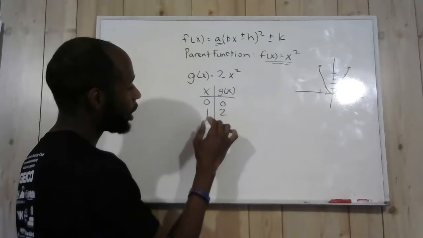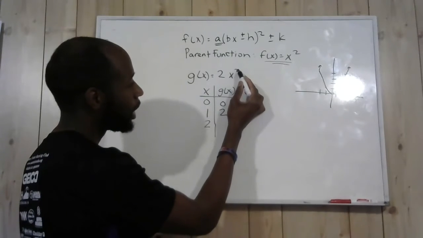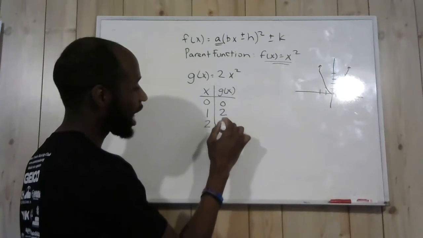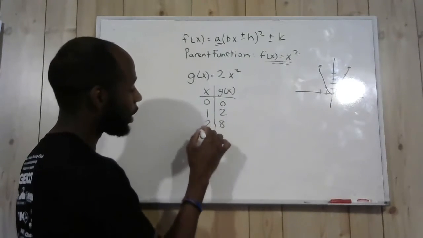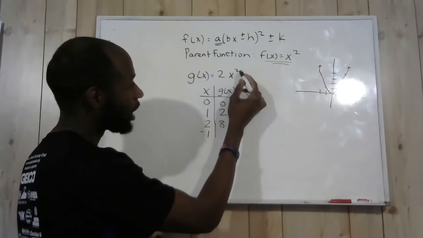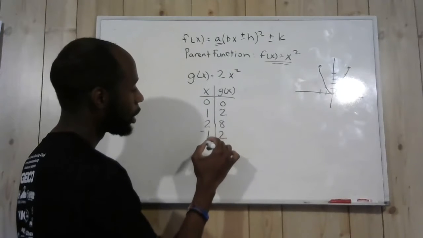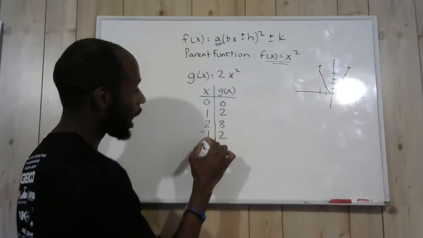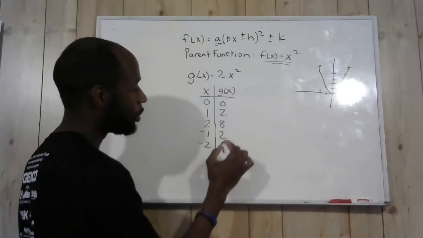When x is 2, 2 squared is 4, and 4 times 2 is 8, so g of x is 8. Now let's go back in a negative direction. When x is negative 1, squared is 1, times 2 is 2. When x is negative 2, squared is 4, times 2 is 8.